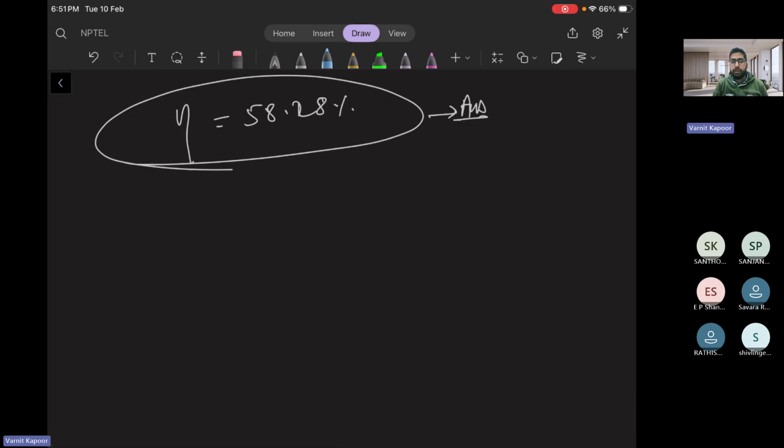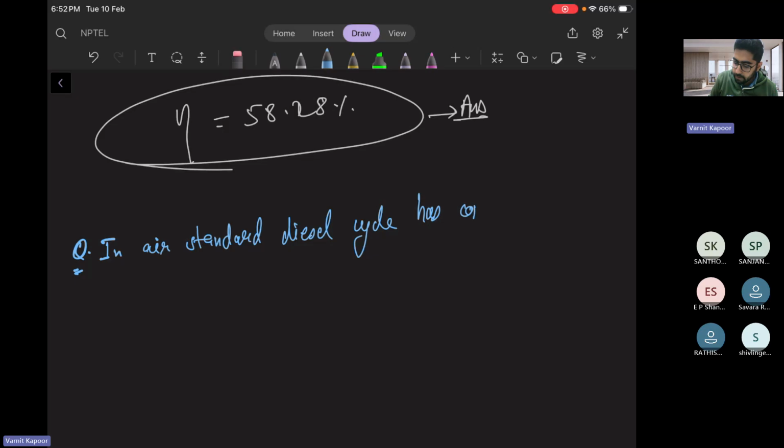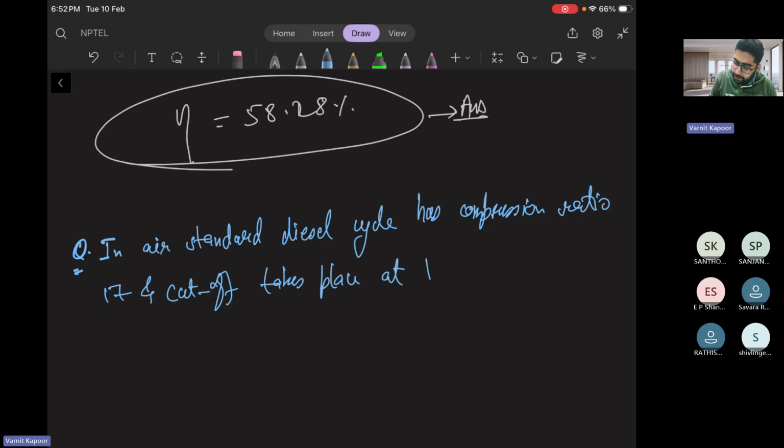Let's do another question. Any doubts to anyone else? Okay. In an air standard diesel cycle, the engine has a compression ratio of 17 and cutoff takes place at 10% of stroke.